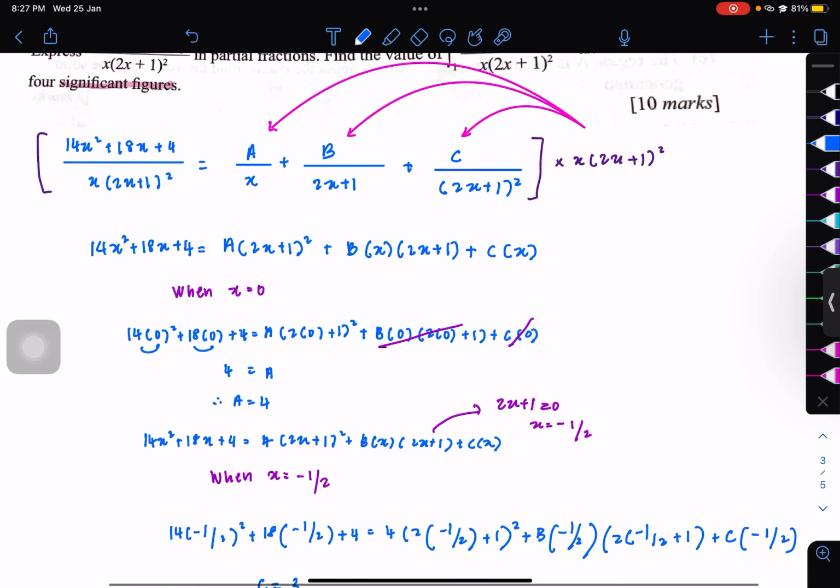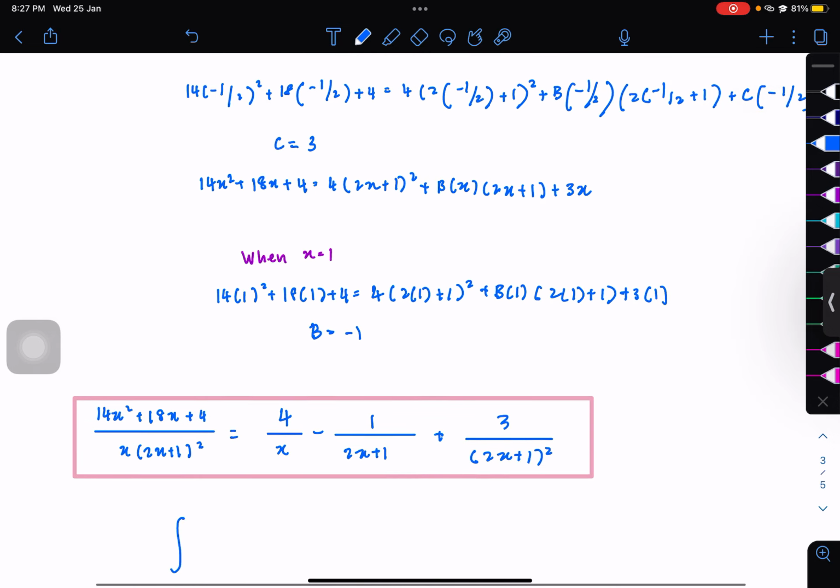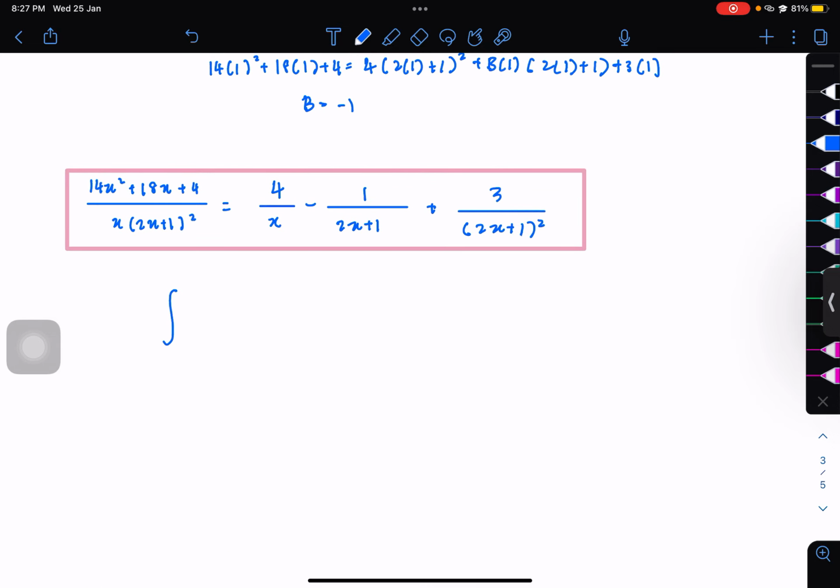Significant figures tu dalam bahasa Melayu dia angka bererti. Dia bukan decimal place. So you don't confuse between significant figure dengan decimal place. Jadi ada orang akan confuse lah. So dia punya limit diberi 1 to 4.